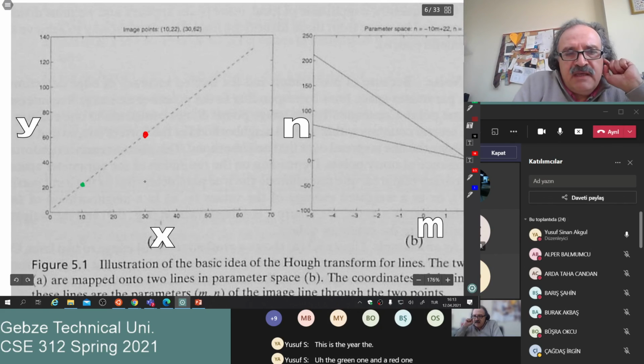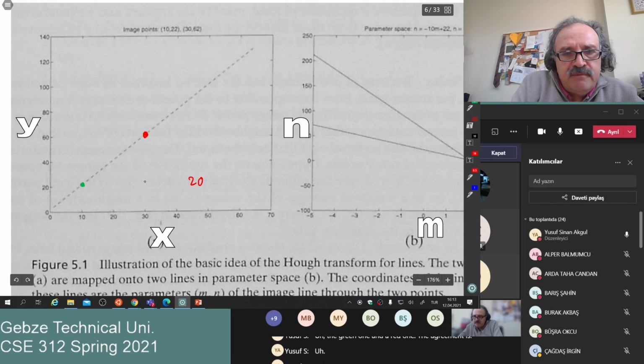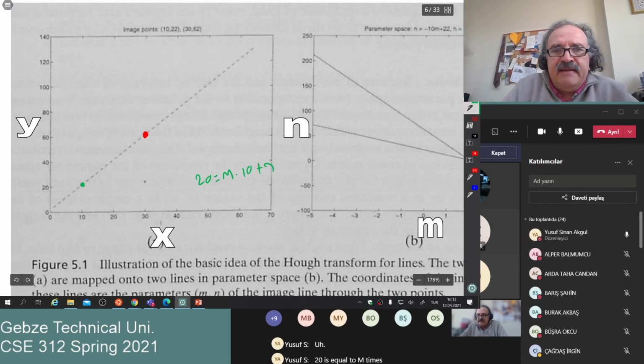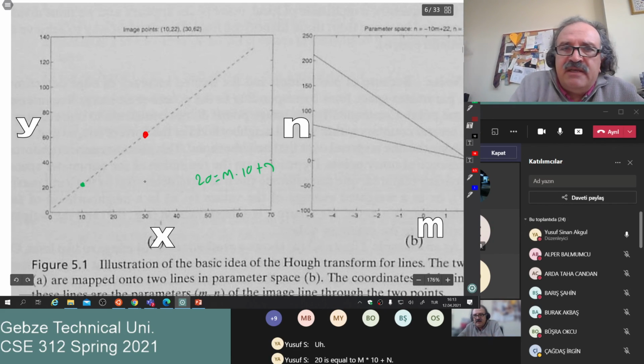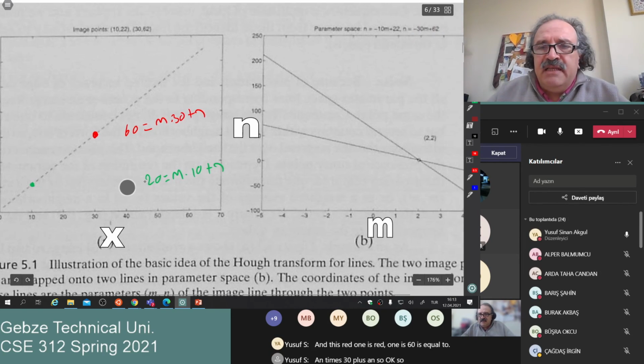The green one is 20 is equal to m times 10 plus n, and this red one is 60 is equal to m times 30 plus n. So okay, this is a line and this is a line.